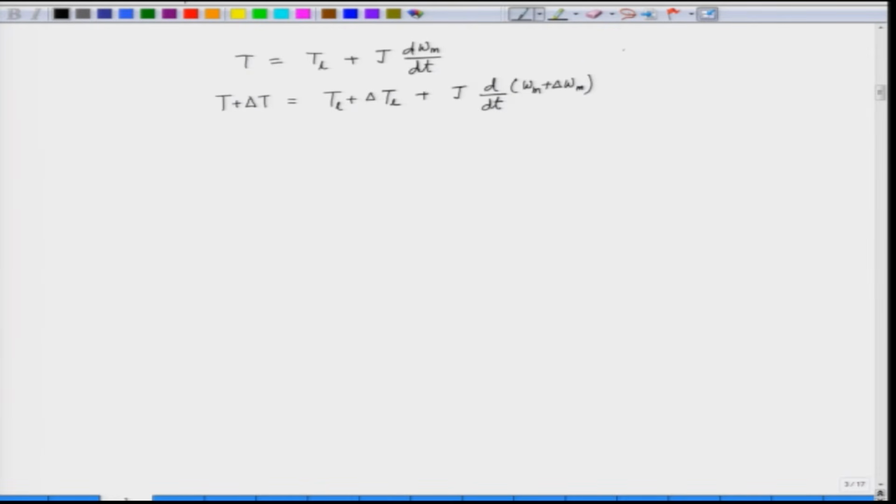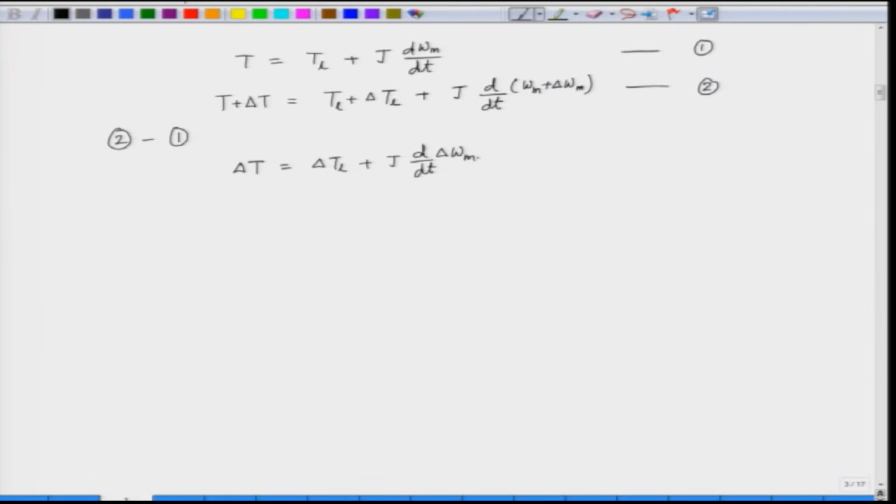Now, if I call this equation number 1, and this equation number 2, we will subtract equation 1 from equation 2. If you subtract equation 1 from equation 2, what we get is a small signal equation, delta T is equal to delta T L plus J d by dt of delta omega m.